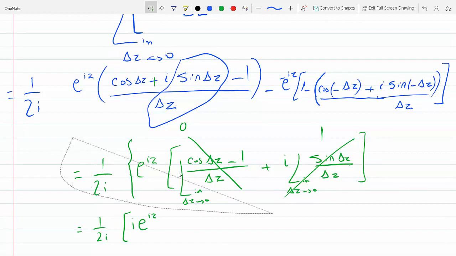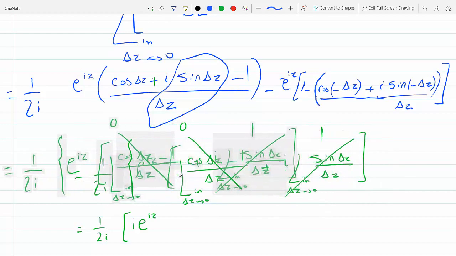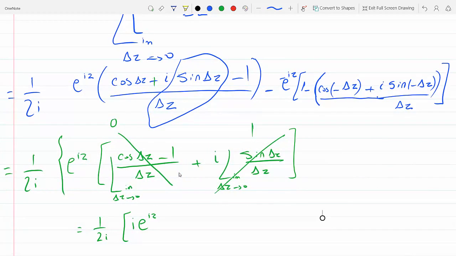Okay, now let's continue it here. So let's move all this stuff to the left. Okay, so minus, continuing in red so we can differentiate it from this one, minus I z. Let's do the same thing we did there. So cosine minus delta z is the same thing as cosine delta z, so this becomes 1 minus cosine delta z over delta z.